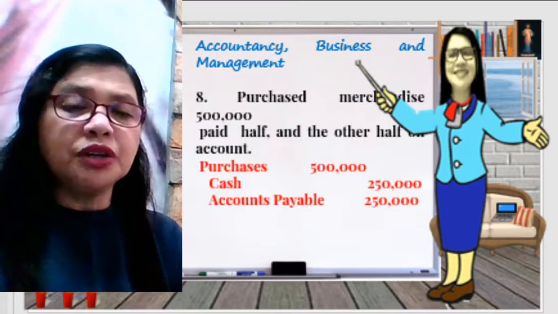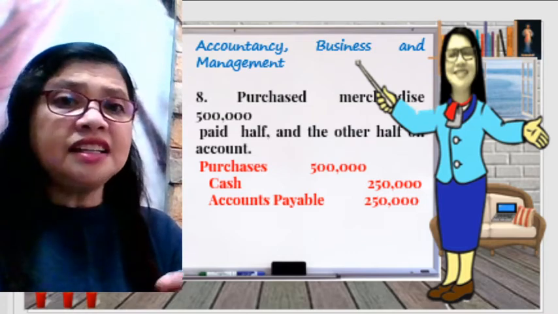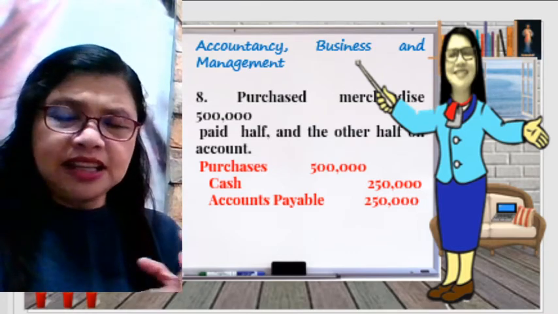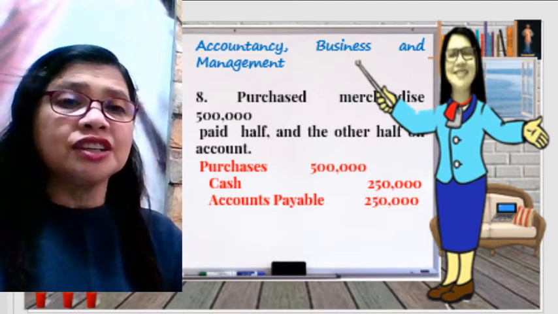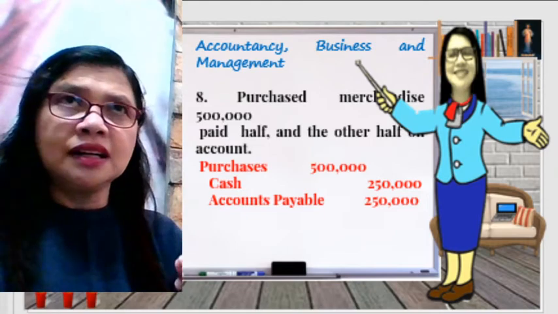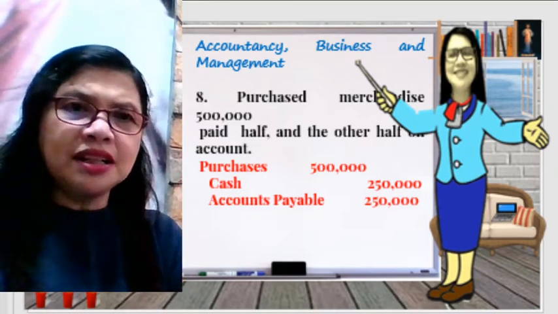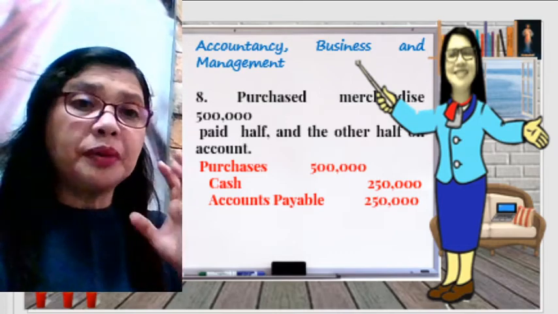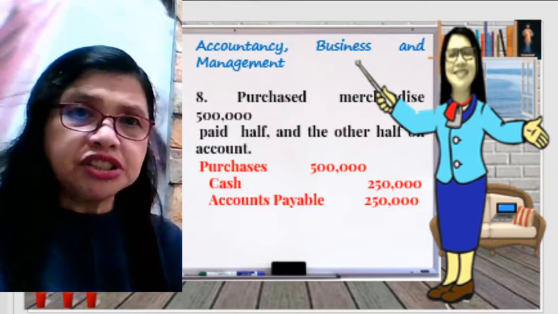Next, purchased merchandise 500,000, paid half, and the other half on account. Okay, so as I have been mentioning in the earlier video lessons, when we use the inventory method, the perpetual and the other one is the periodic, we use purchases to record the cost of your merchandise.